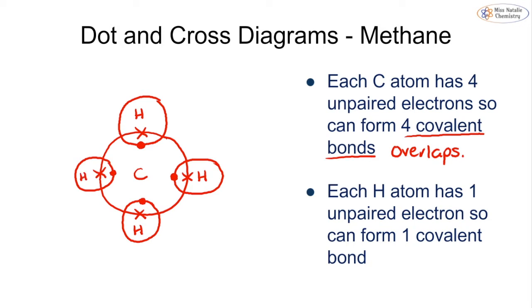And now when we count, that outer shell of carbon now contains 1, 2, 3, 4, 5, 6, 7, 8 electrons. So now this is stable. And if we wanted to write out the formula for this, we just count. We write we have 1 carbon and 4 hydrogens, or CH4.